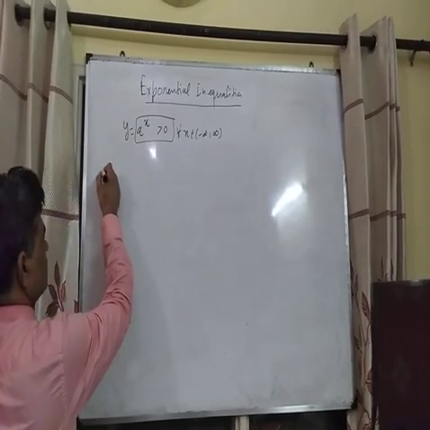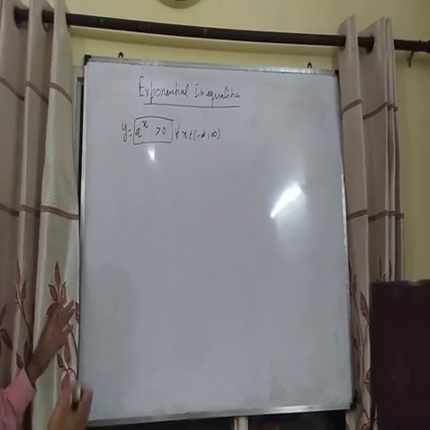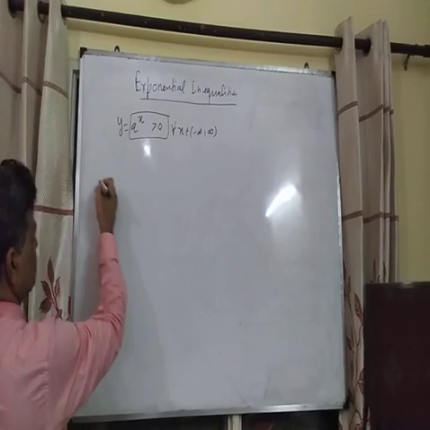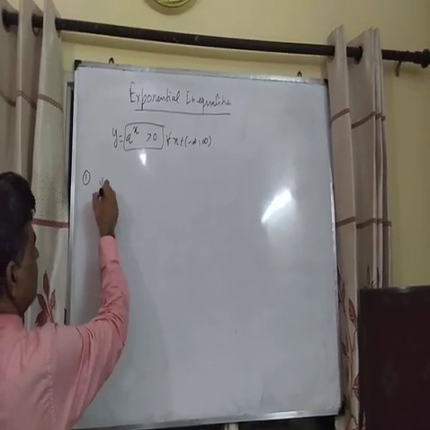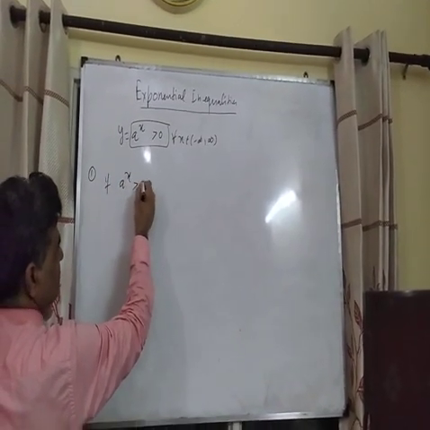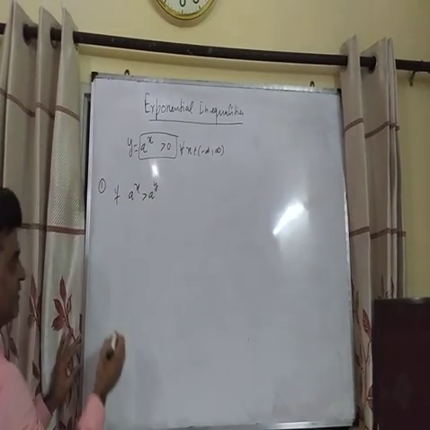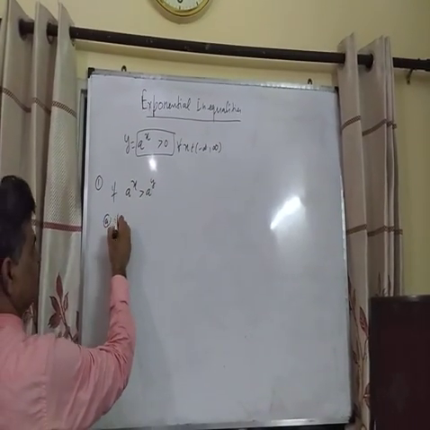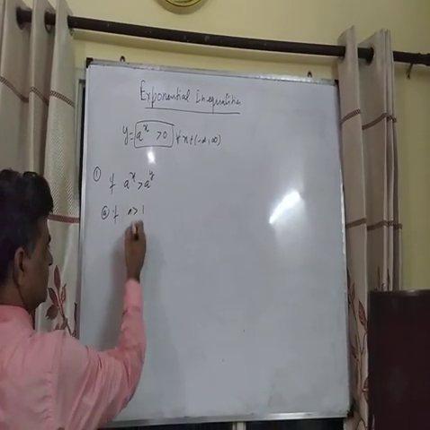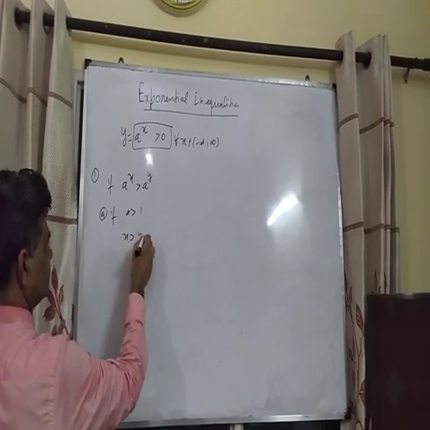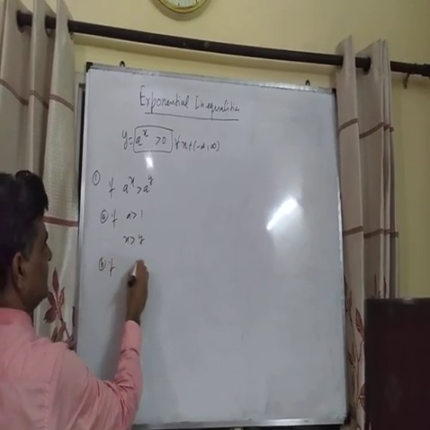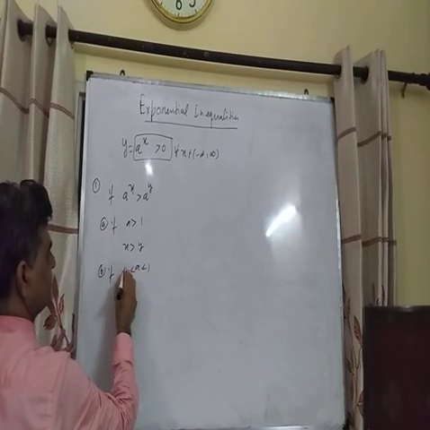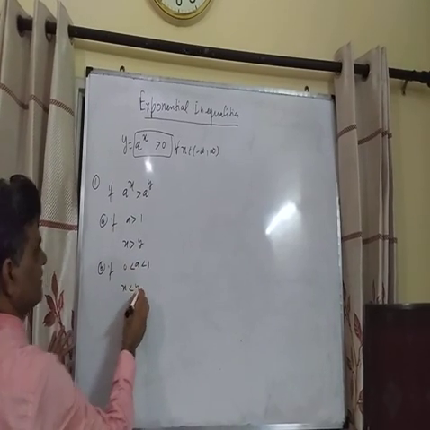Now we'll discuss the properties of the exponential inequalities. First, if a to the power x is greater than a to the power y, first case, if a is greater than 1, then x will be greater than y. Second, if a lies in between 0 and 1, then x will be less than y.